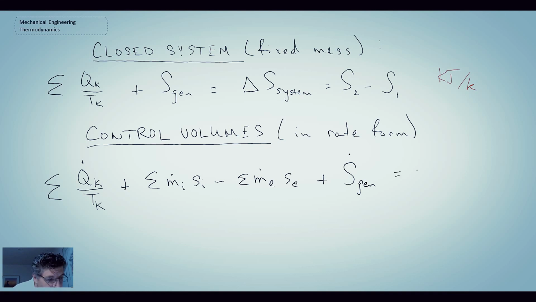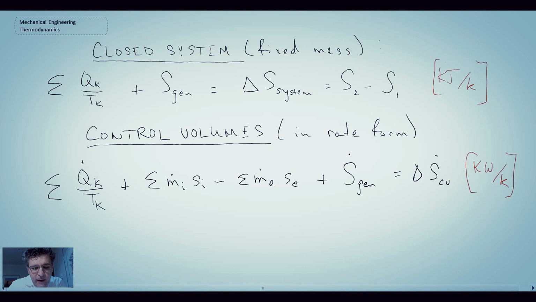And then that would be equal to the change in entropy for the control volume. And the units of this, given it's in rate form, will be kilowatts per Kelvin. So those are two equations that we will be using to determine the entropy balance. Quite often we use it to determine entropy generation within a particular system that we may be studying.